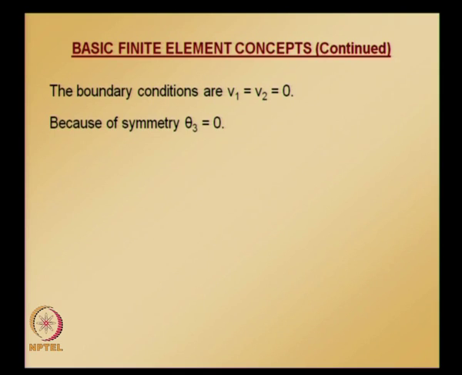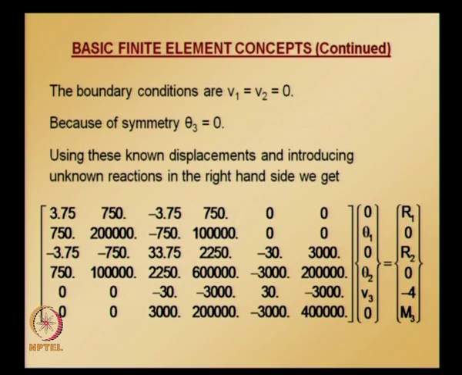Applying these conditions using these known displacements, and introducing unknown reactions wherever the displacement boundary conditions are 0. When I say displacement boundary condition, I mean both transverse displacement and rotation. Wherever displacement boundary conditions are 0, at the corresponding locations in the force vector the reactions will be there. So using these known displacements and introducing unknown reactions on the right hand side, we get this equation system.